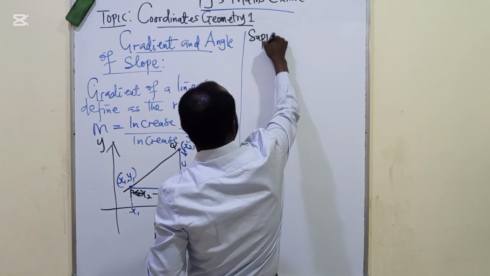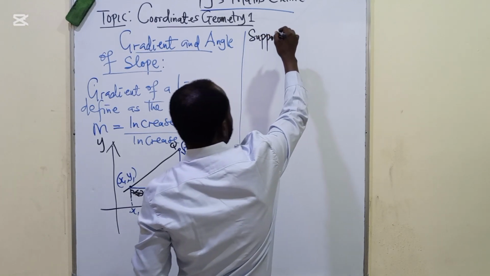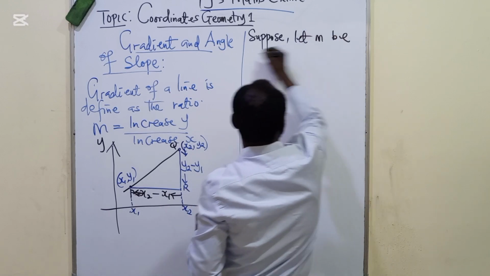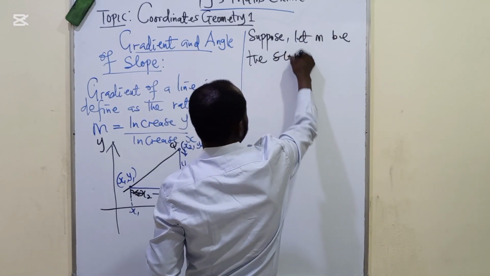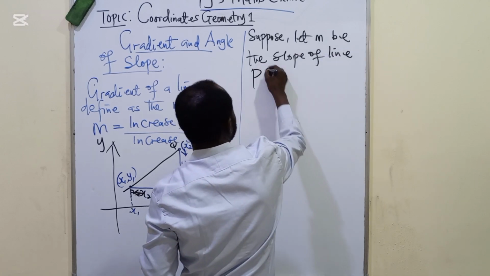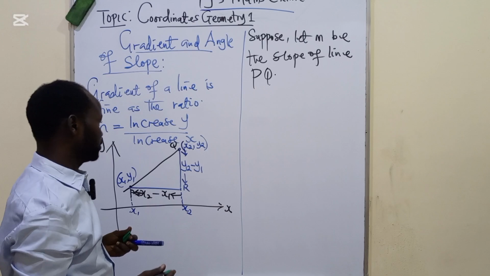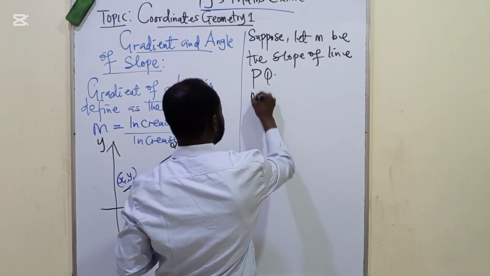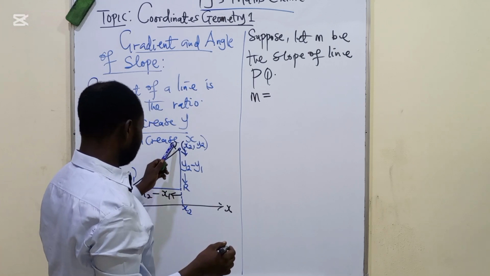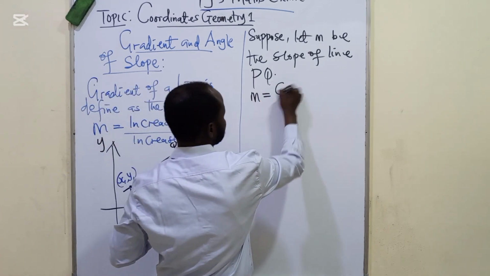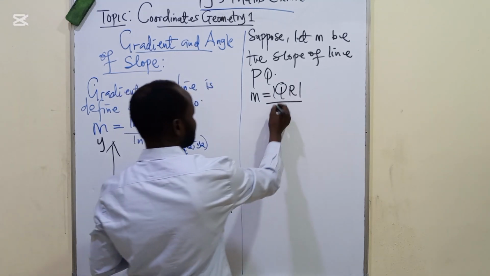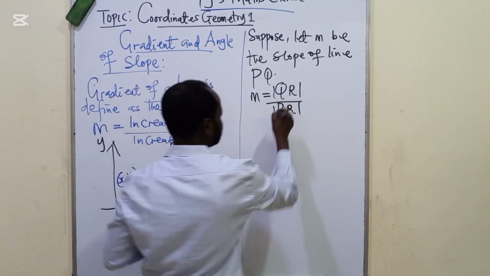Suppose we say let m be the slope of line PQ. If m is the slope of line PQ, then m will be equal to length QR divided by length PR.